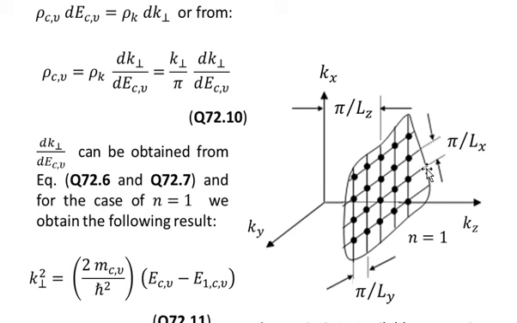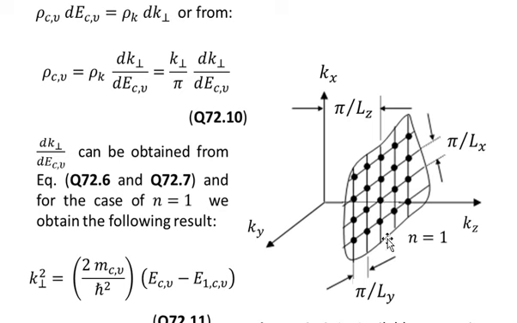And you know that the horizontal lines are separated by pi divided by lx. That is the horizontal lines, and these vertical lines are separated by pi over ly. So along the ky direction, the separation between these states is pi over ly, and the separation between the states along the kx direction is pi over lx. So these are the states that we have shown.